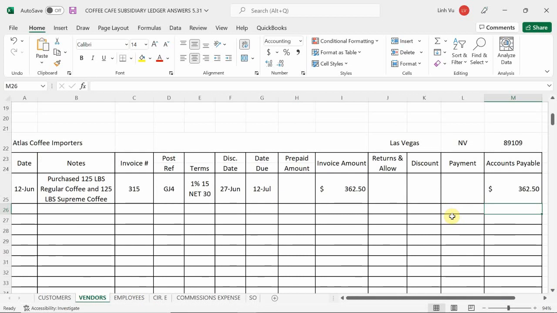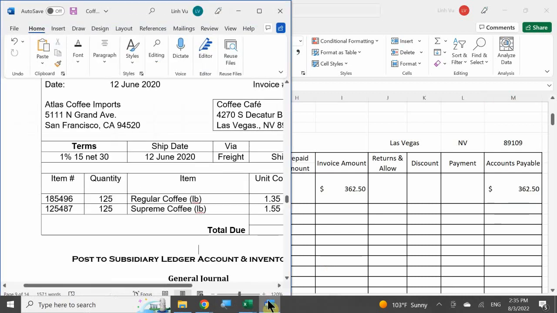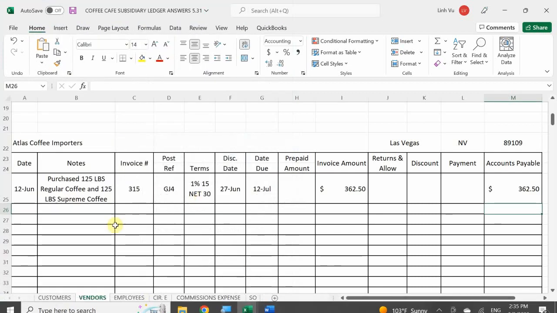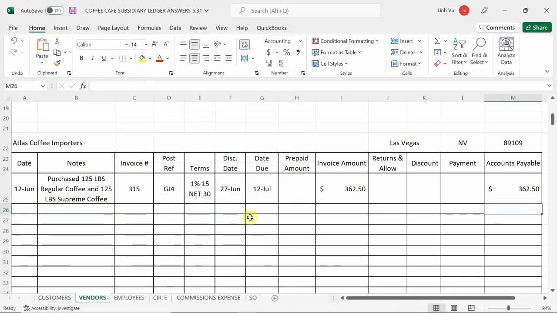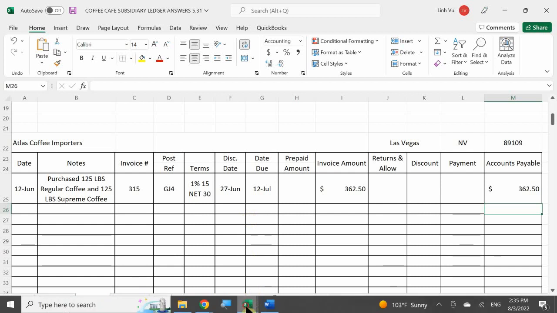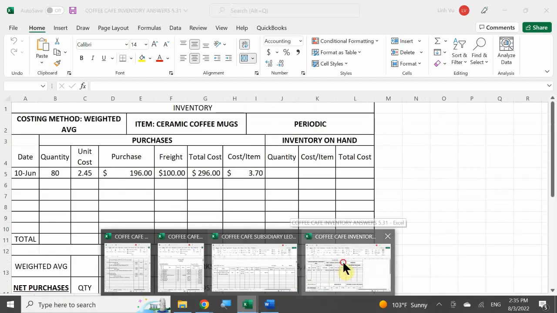If I want to keep this in mind, that I have until the 27th to pay for me to receive a 1% discount, maybe I will pay for it. Maybe I won't. We'll have to wait and see. Okay. Now that I plugged all my numbers in here, I now can go to my inventory worksheet.